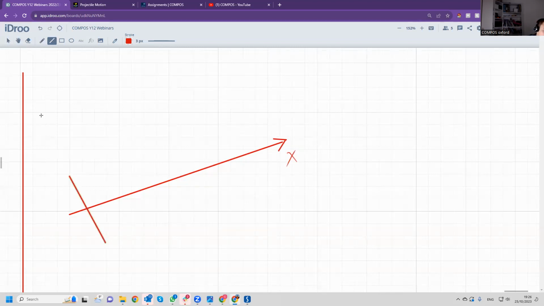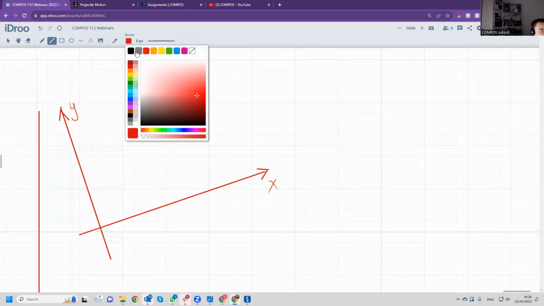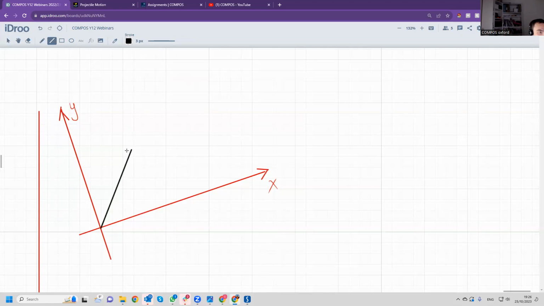And the perpendicular to that is my y-axis. And I'm shooting at 60 degrees, and it hits the ground somewhere here. And the acceleration is this way.